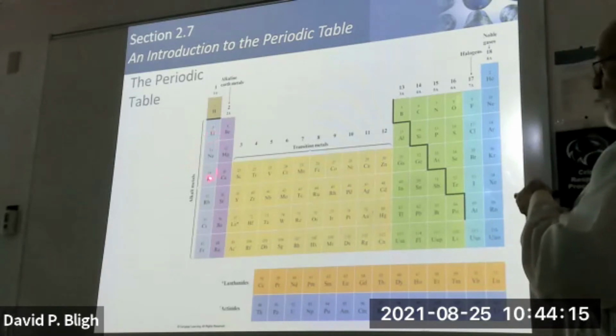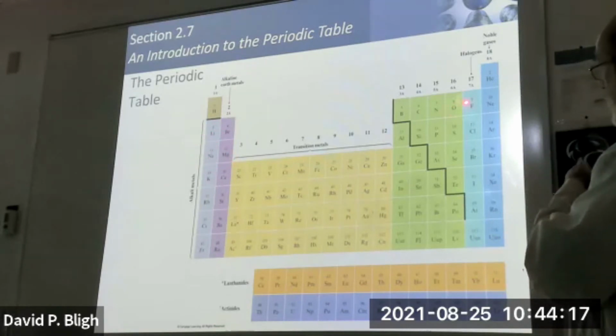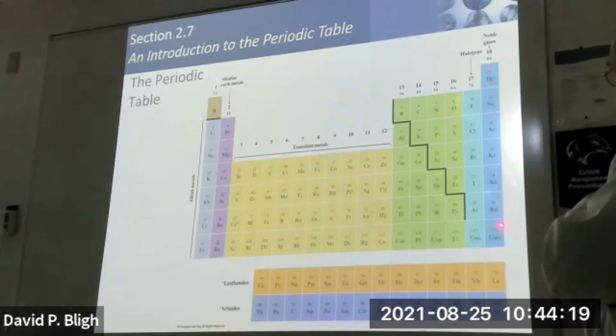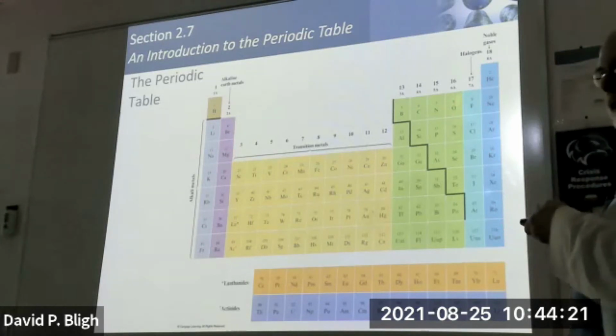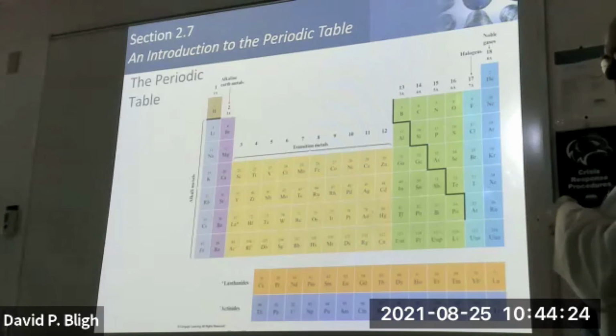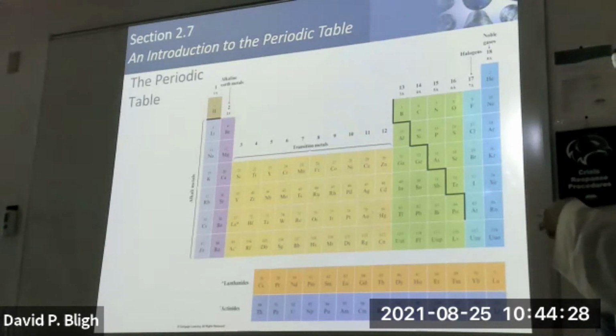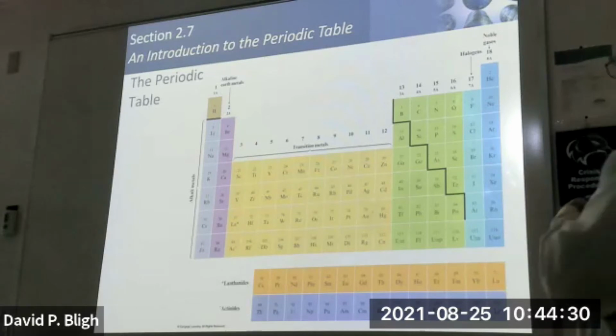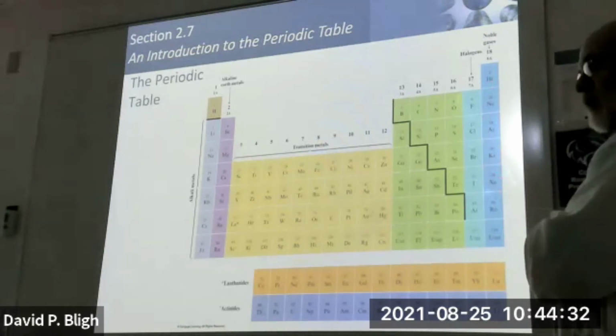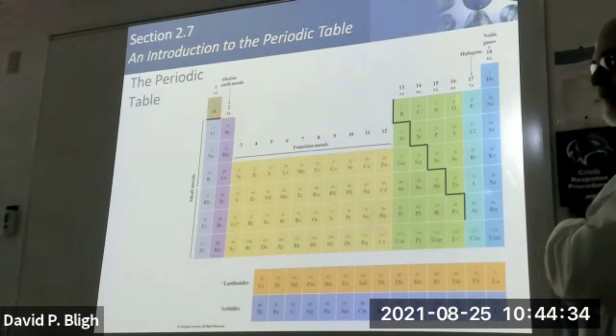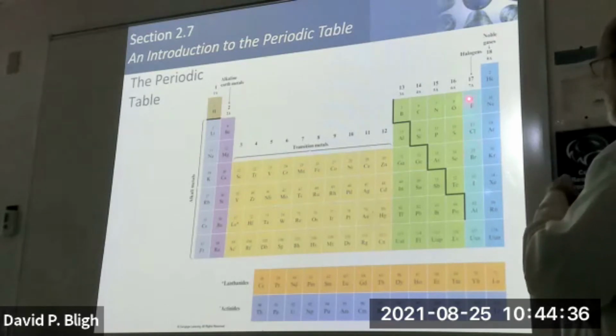So these form +1, +2, and then if you go on the other side, noble gases don't play with anybody unless you force them. Some of these, krypton and xenon, we force them to play with fluorine and some other elements. But in general, they have 0 charge. They never form ions.